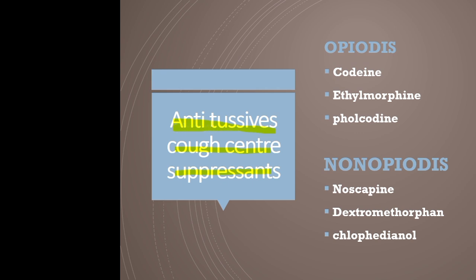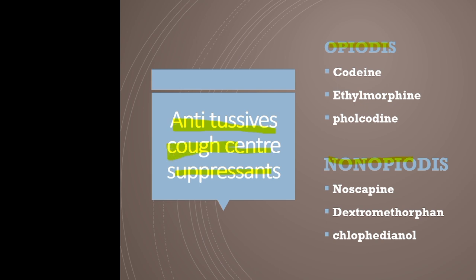Examples of cough center suppressants are opioids and non-opioids. The cough center suppressants are mostly opioid agonists, and their mechanism of action is to suppress the cough reflex at the cough center of the medulla in the brain.